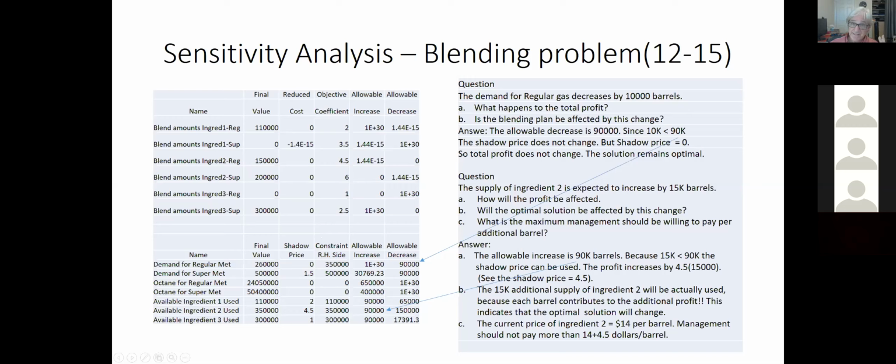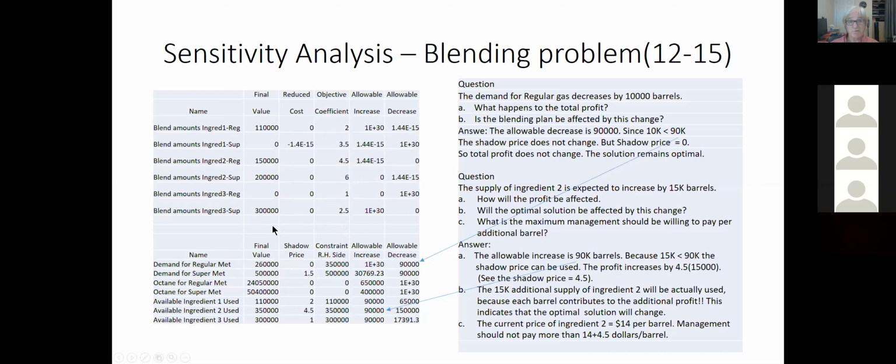Now we have two cases, remember, in which a solution does not change. Last time, it was when the objective coefficient is changing within the allowable increase and decrease, then the optimal solution doesn't change. And now you see that when the constraint is non-binding, but the right-hand side is changing within the allowable increase and decrease, also the optimal solution will not change.